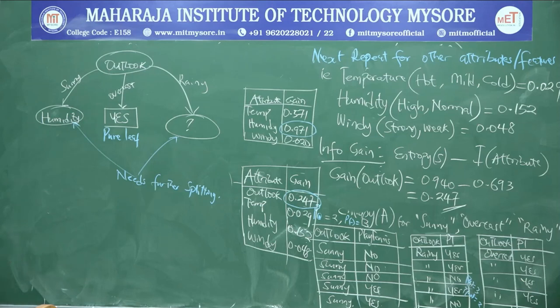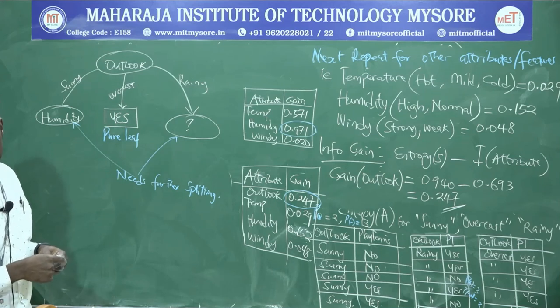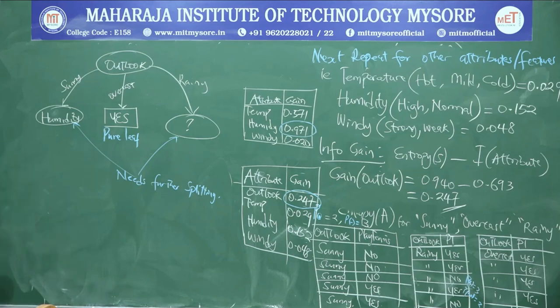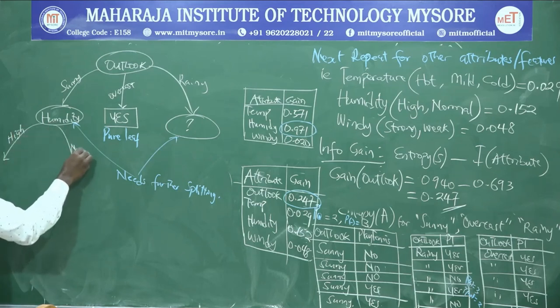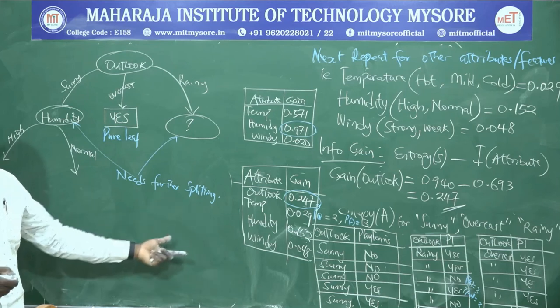Now, for humidity, what are the possible attributes? The subsets of humidity. Go back to your table. You have only high and normal. Humidity, I didn't draw the table, okay? That's why I want you to follow along.